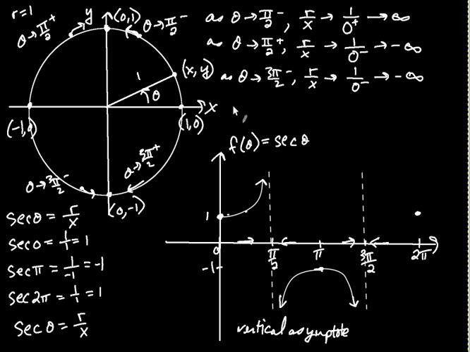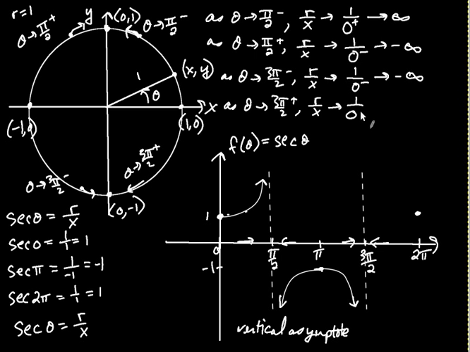And then finally, if we analyze that similarly here, as theta approaches 3 pi over 2 from the right, well, what is r over x doing? R over x is going to 1 over, what's x doing? It's going to 0 once again, but now you're in quadrant 4. And in quadrant 4, the x is positive.